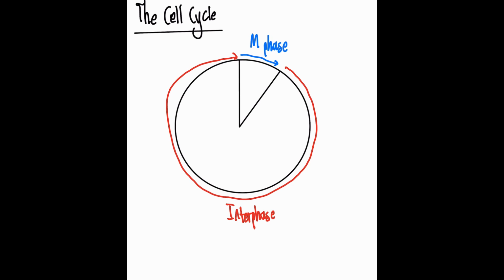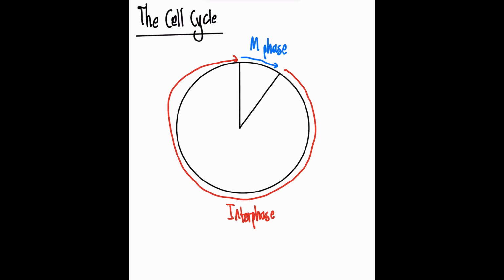So, what's special about these phases? As you can see, the interphase is a lot bigger compared to M phase. So, that means the cell is spending more time in interphase than in M phase. Interphase is taking up most of the cell cycle.